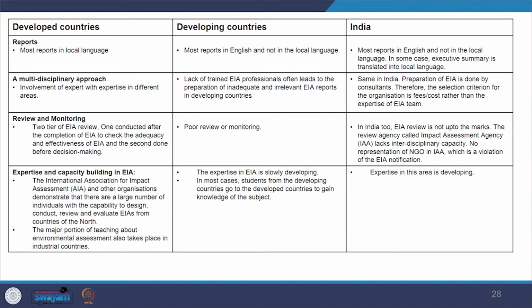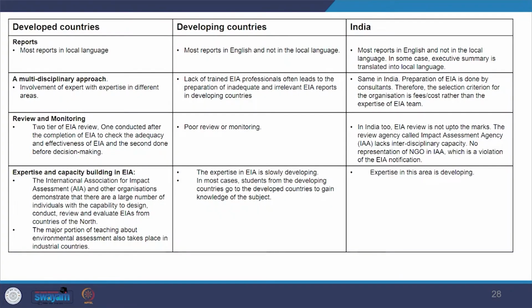Moving further, in the case of reviewing and monitoring, there are two tiers of EIA review in developed countries. One is conducted after the completion of the EIA to check its adequacy and effectiveness, and the second is before the decision making. So there are two sets of review, whereas in developing countries the review system is mostly one stage, and only monitoring is done.